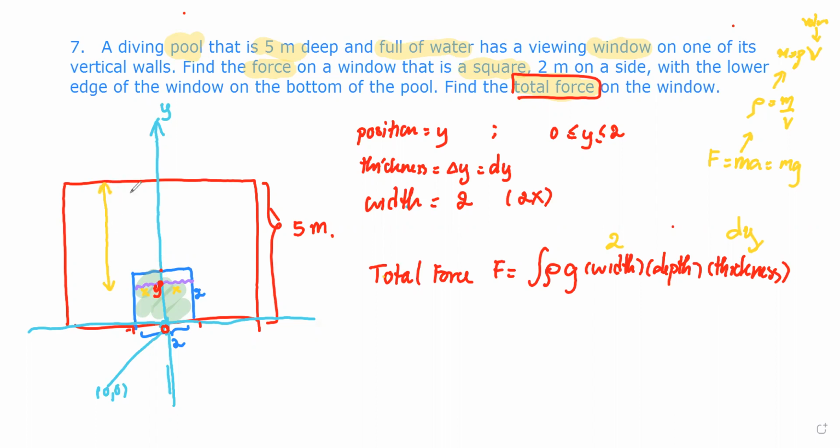The measurement from the top of the pool to the layer is the depth. The maximum height of the water is 5, and up until that position is y. So the depth is 5 minus y.